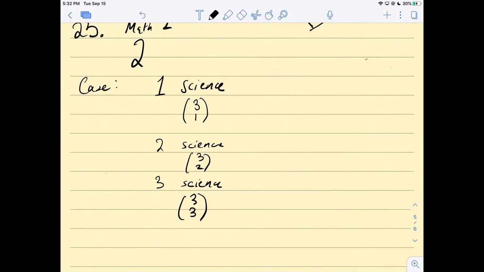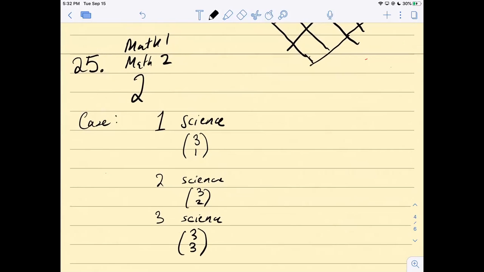Yeah. Okay. Now in each of those cases, what about the electives or the others? If you took 1 science class, how many electives do you have? 5 choose 2. Yes, that's right. Because you already took a math, you already took an English, and you took 1 science, so you have 5 choose 2.